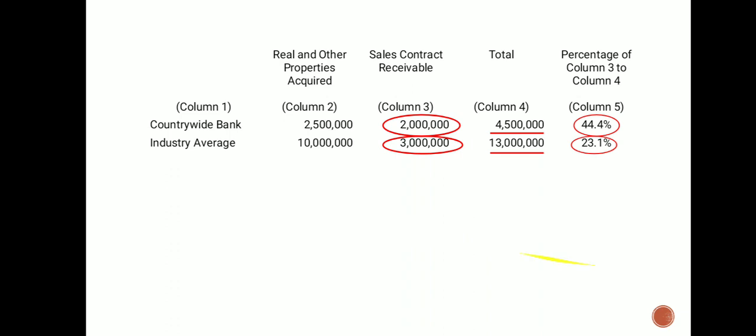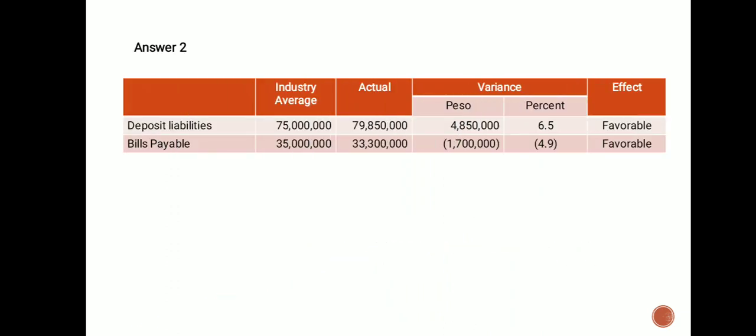So we'll proceed to answer number 2. So for number 2, we have the liabilities. So we have here the comparative analysis of the liability accounts of Countrywide Bank against the industry average. So we have deposit liabilities and bills payable.